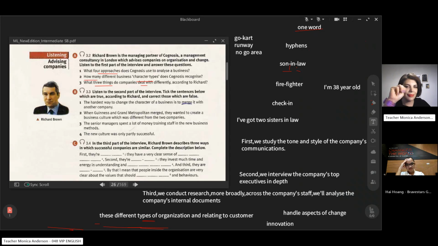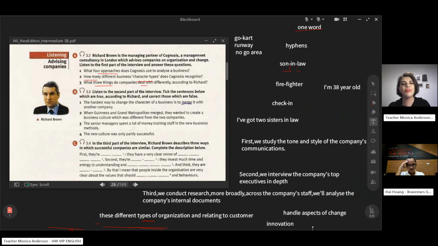Third, we conduct research more broadly across the company's staff and its customers. And finally, we'll analyse the company's internal documents. That provides insight into how the business talks to itself. And when we've got that sort of input, we can classify a business as one of 16 distinct character types. And these handle aspects of change, innovation, and relating to customers in very different ways.